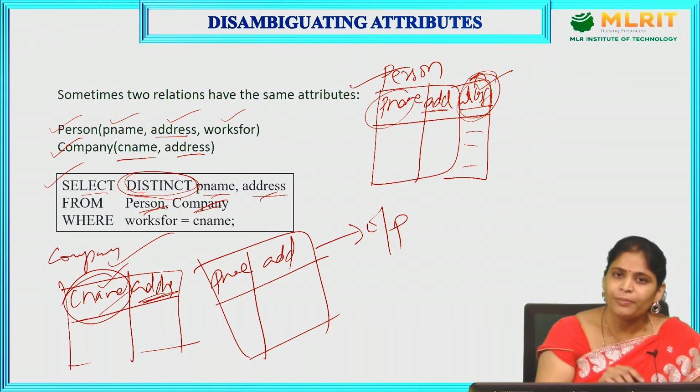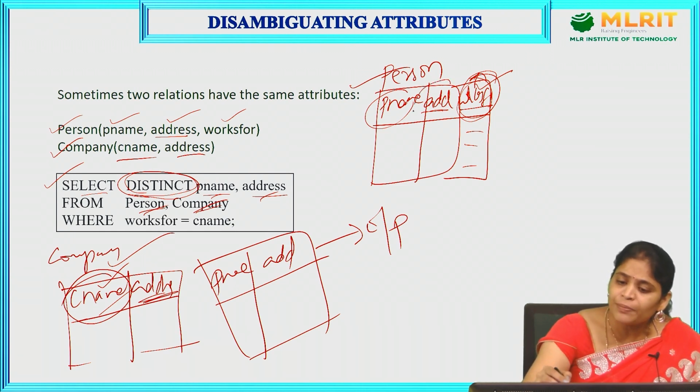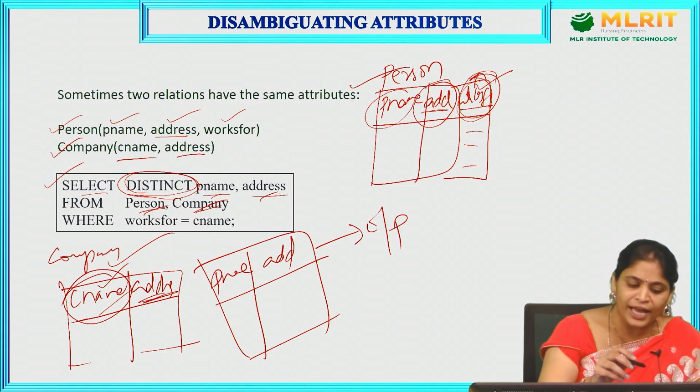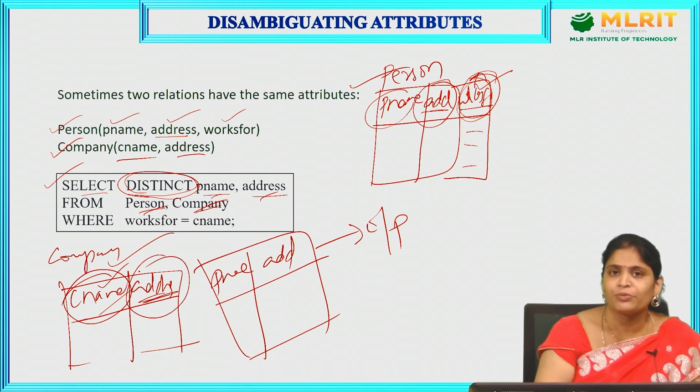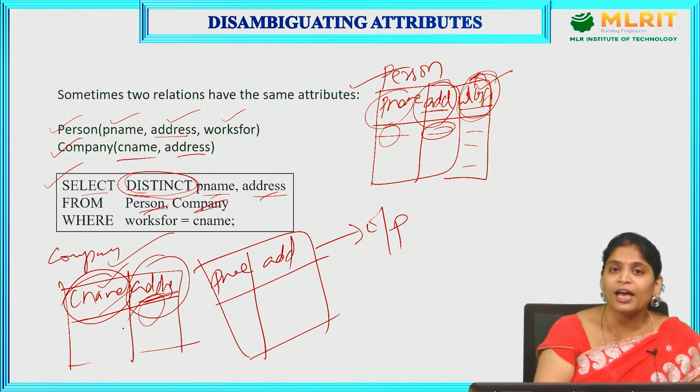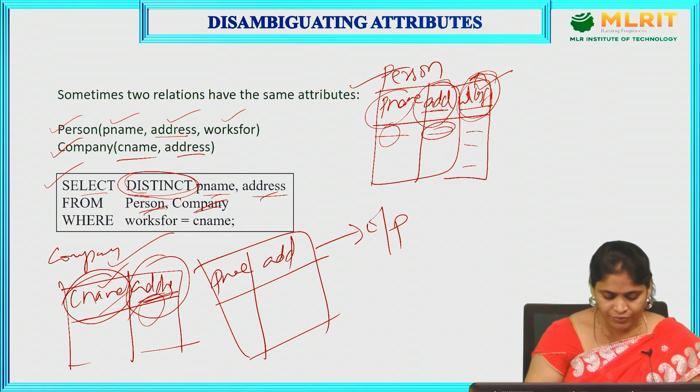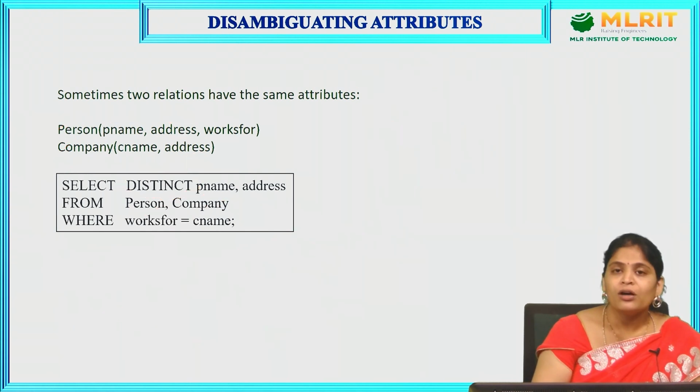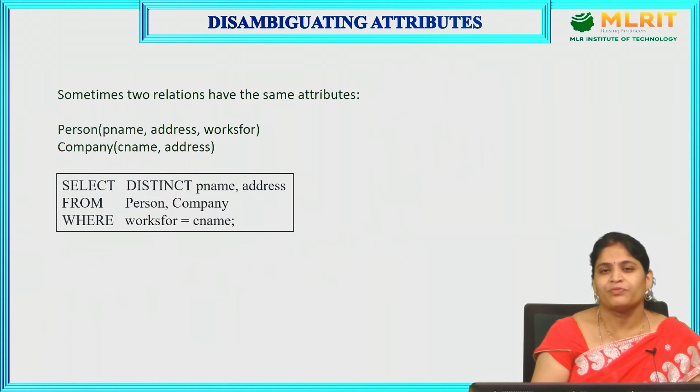But the problem here is that this table has an address attribute and this table also has an address attribute. Which one do I have to retrieve? Pname along with this address or pname along with that address? To remove that ambiguity, we use variable representation.